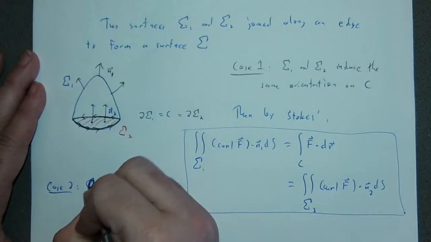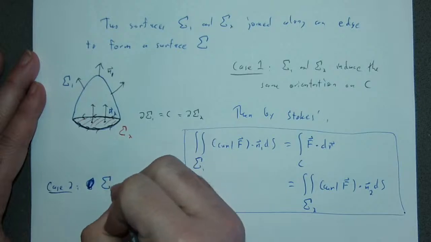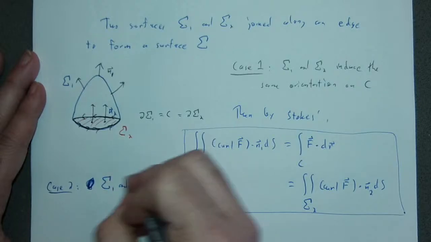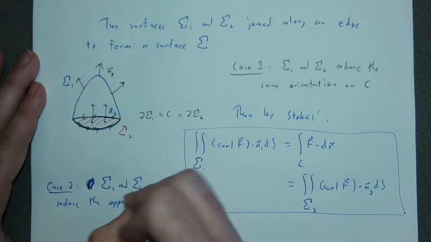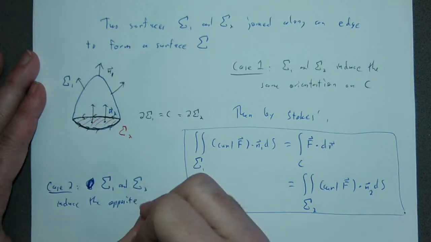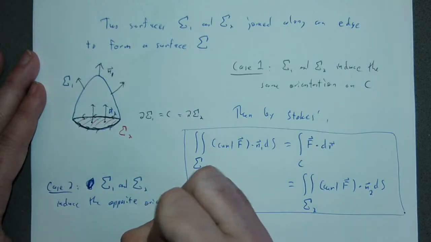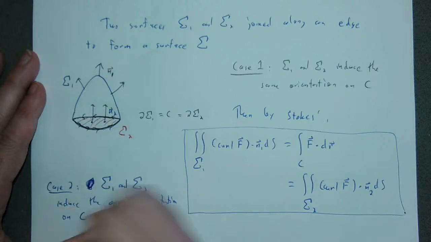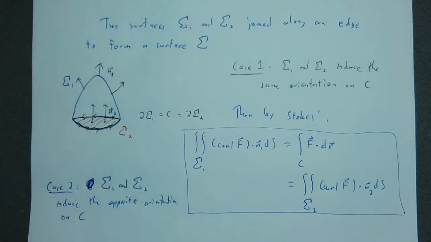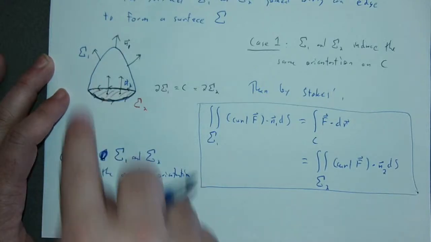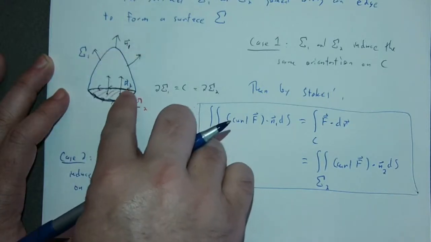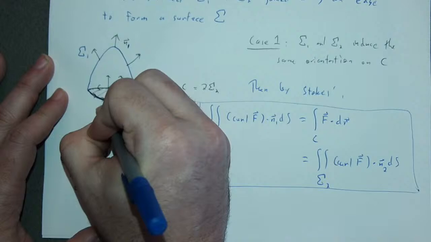So sigma 1 and sigma 2 induce the opposite orientation on their shared boundary curve. Well, what would this picture look like? Take the exact same picture, but instead of taking your normals pointing up, take them, say, pointing down here.